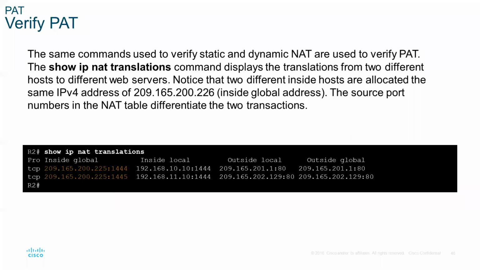How do we verify? Well, we use the show IP NAT translations just the same as we've done every other time. It'll just now show us the port numbers attached to the IP addresses. So it's giving us the full socket details for the traffic translation.